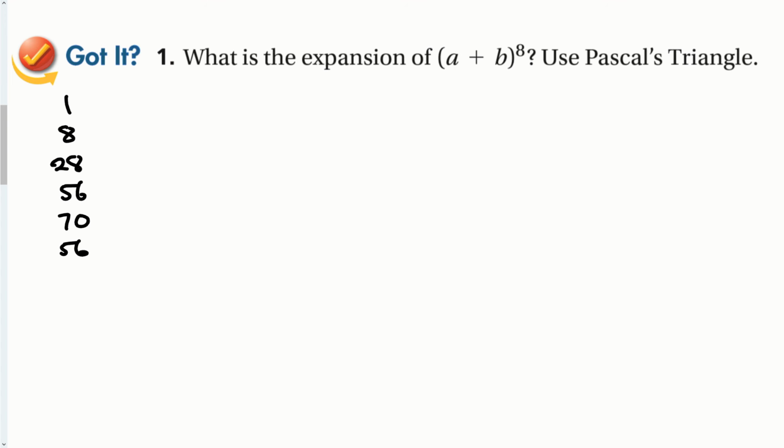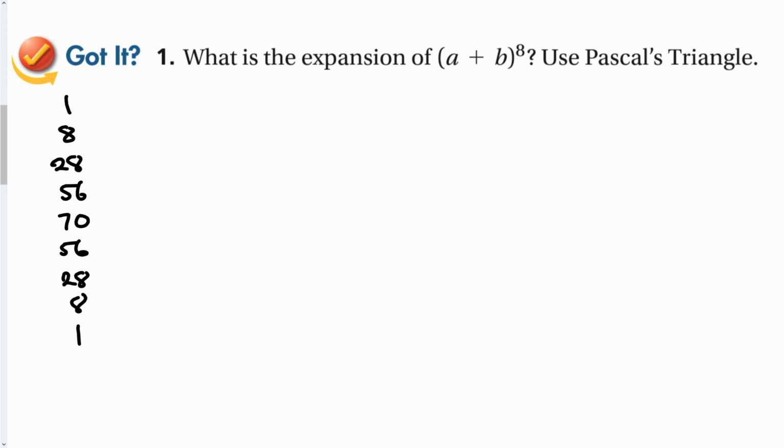56, 28, 8, 1. And if you ever have a question where you need to use Pascal's triangle, it's pretty easy to make, right? 1, 1, 1, 1, 2, 1, 1, 3, 3, 1. Just keep going until you get the row that you need. Okay?